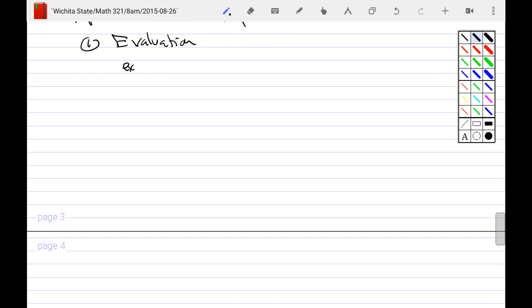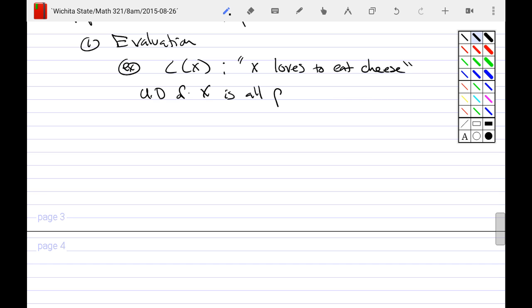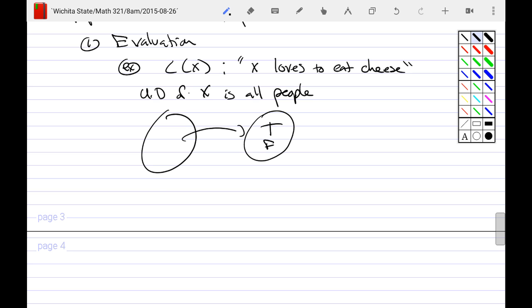So if I had, for example, C of X denotes X loves to eat cheese, and in my universe of discourse X is all people, here it's going to be mapped to either true or false, and over here is all people.